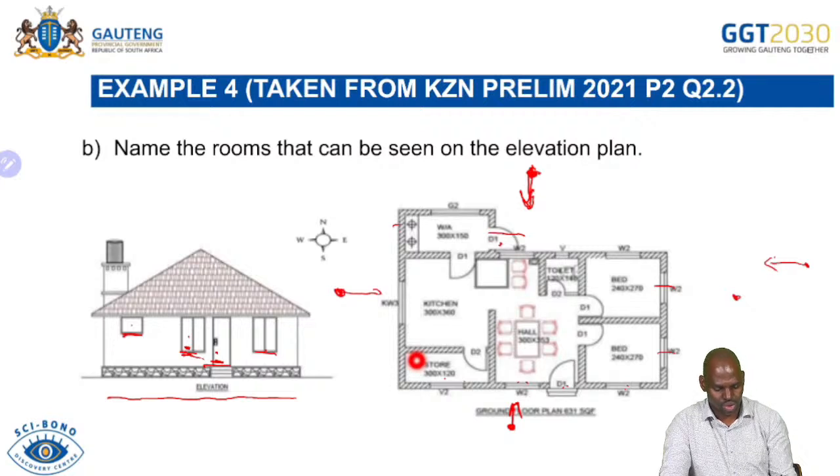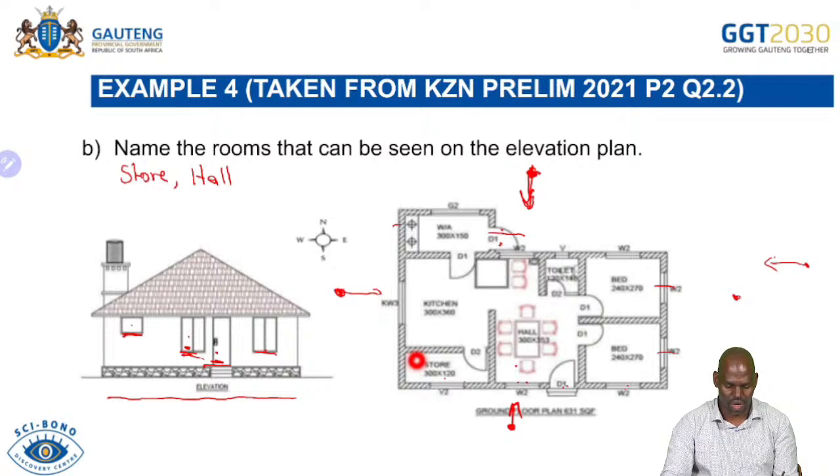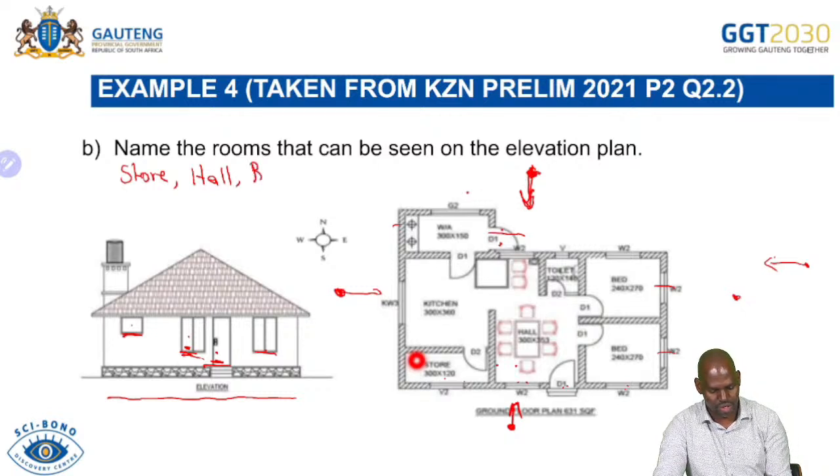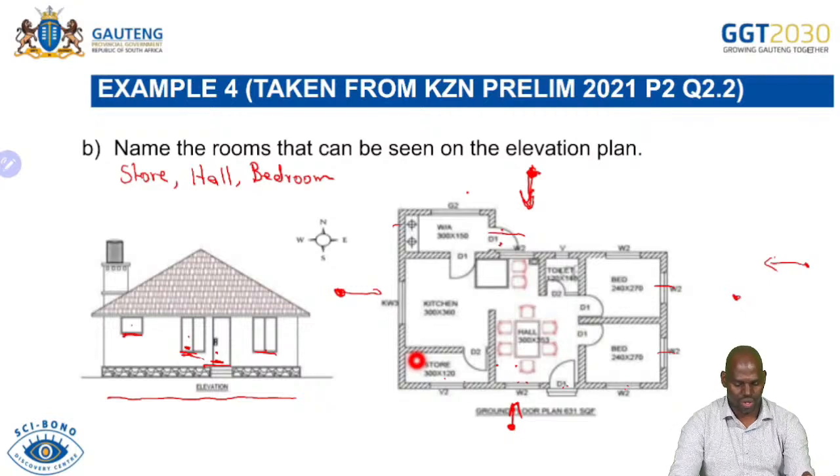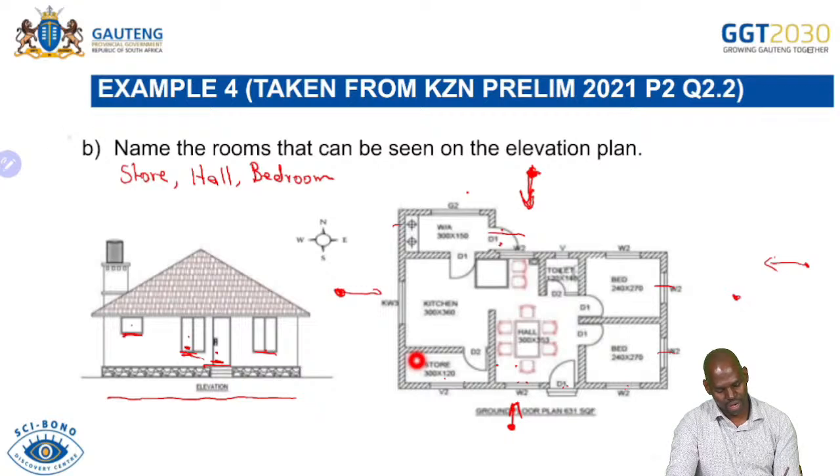So in this case, you're going to say it is the store, then the hall, and then the bedroom. That is what this question B is looking for: the rooms that can be seen on the elevation plan. So it's the store, the hall, and the bedroom.